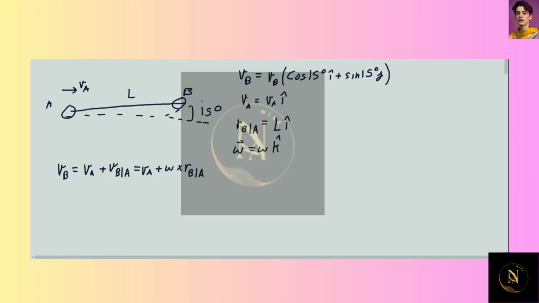We don't know what omega itself is yet, but we know it's in the k-hat direction. We know RBA is in the I-hat direction, so k-hat cross with I-hat will be in the j-hat direction.